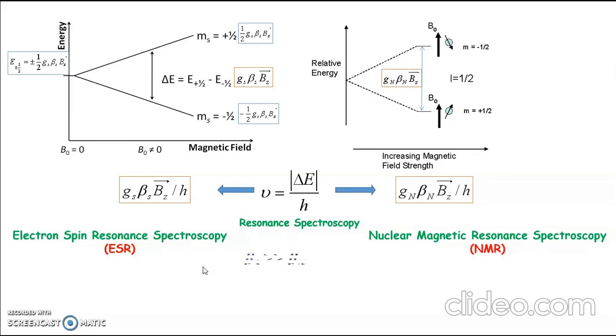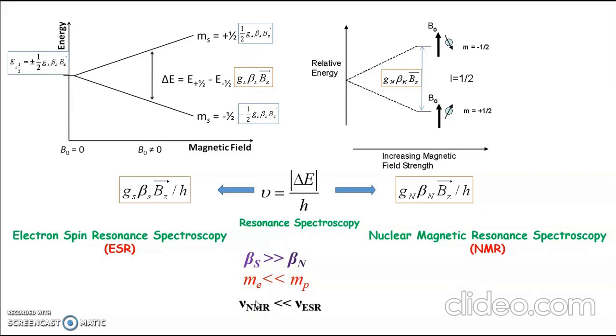You have to note one point: the Bohr magneton of the electron is about 2000 times greater than the nuclear magneton. From the equation in the previous slide, you can see they are inversely proportional to mass, and you know the mass of the nucleus is always higher than the mass of the electron.